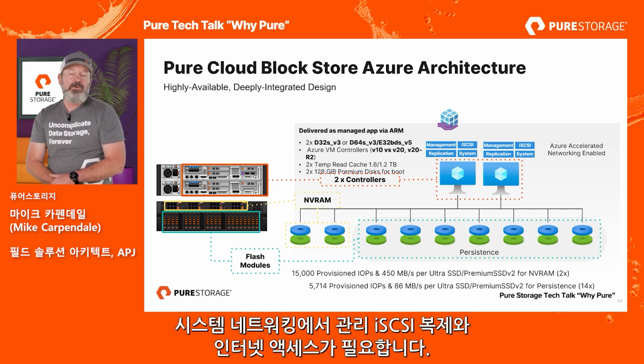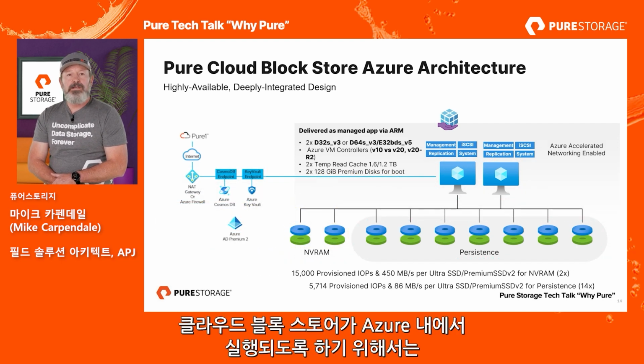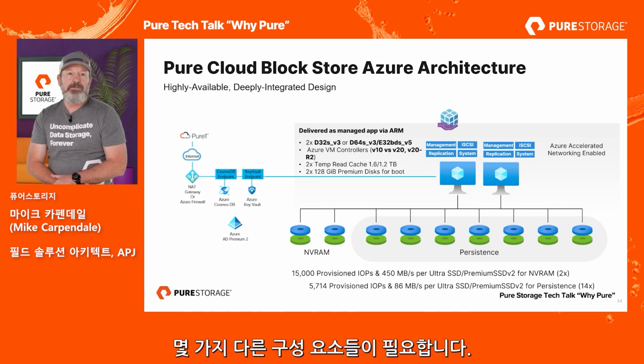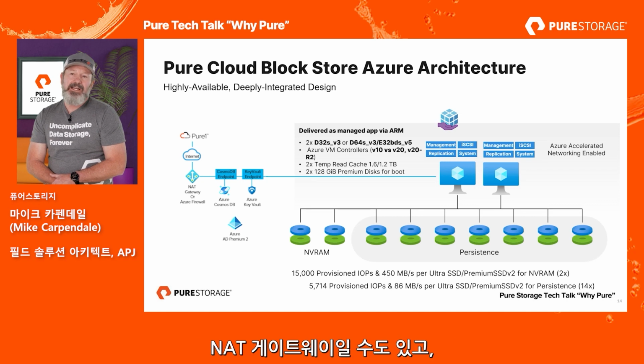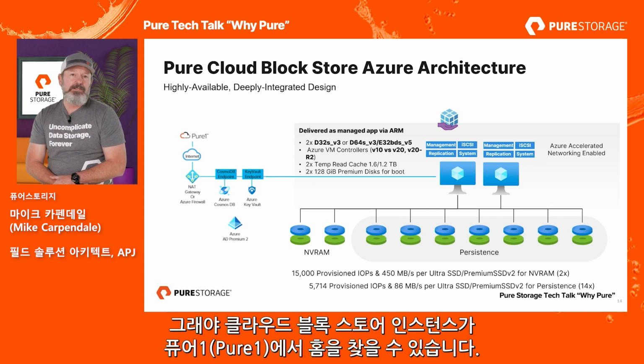We need some networking inside the environment to make Cloud Block Store work, obviously, and that is management, iSCSI, replication, and system networking with some internet access. There's a few other components that we need for Cloud Block Store to become up and running and available inside Azure, and that's a NAT gateway or perhaps your corporate firewall, Checkpoint, Palo Alto, being deployed into the environment with internet access so the Cloud Block Store instance can phone home into Pure One.